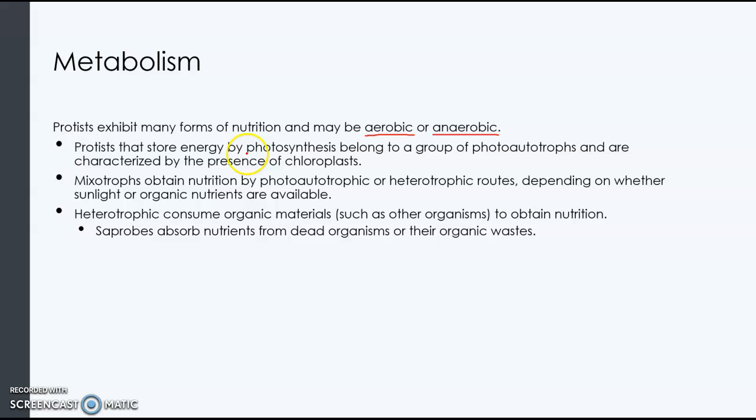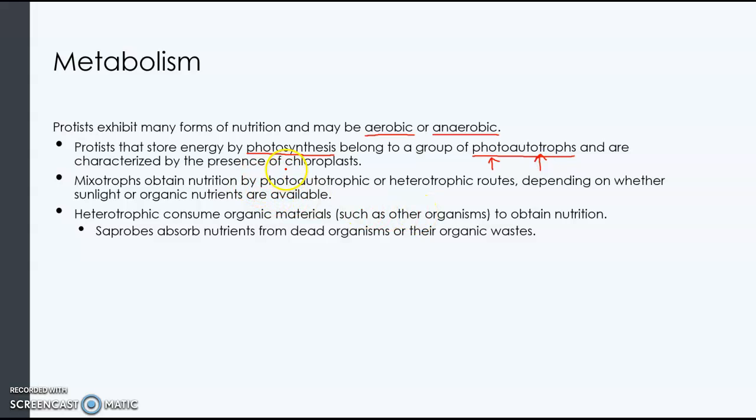There are protists that carry out photosynthesis and make their own food, convert carbon dioxide from the atmosphere into carbohydrates. And since they carry out photosynthesis, they are called photoautotrophs, meaning their energy comes from sunlight, and autotroph means they make their own food from carbon dioxide in the atmosphere.